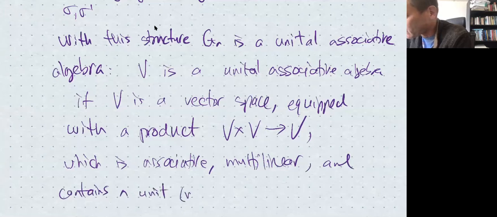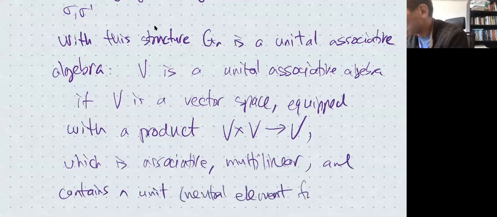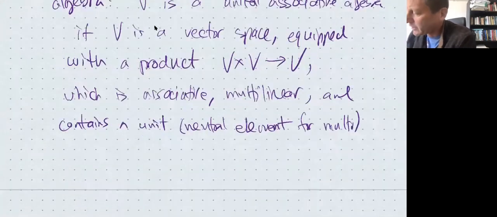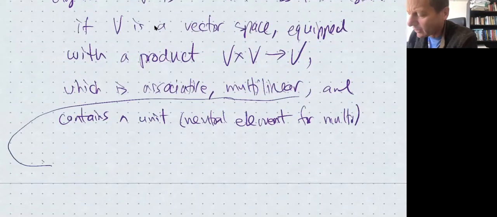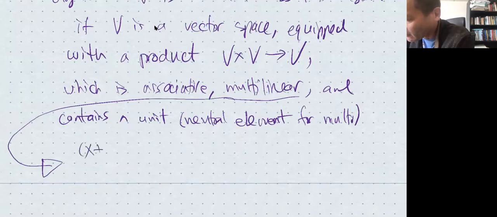A unit is a neutral element for multiplication, a 1. And multilinear, let me write that over here. Multilinear means this.